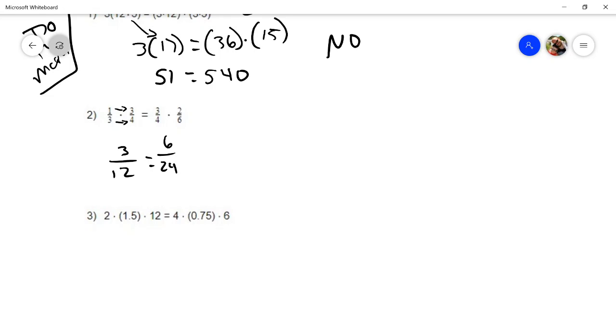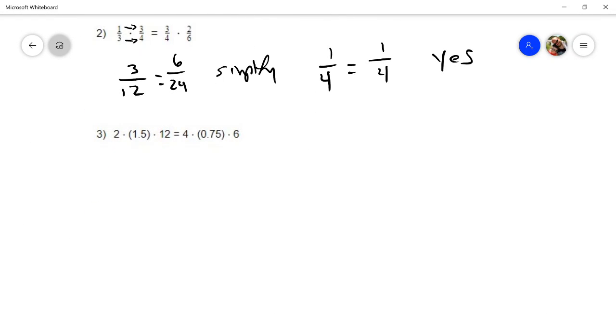You know I like to simplify. So 3/12 simplifies to 1/4, and 6/24: 6 goes into 6 once, 6 goes into 24 four times. So yes. How do I justify my answer? I'm showing my math.